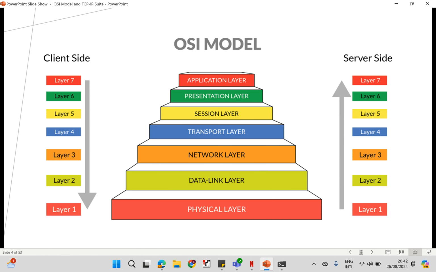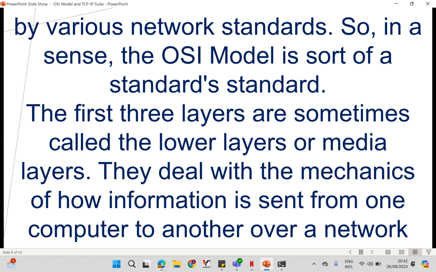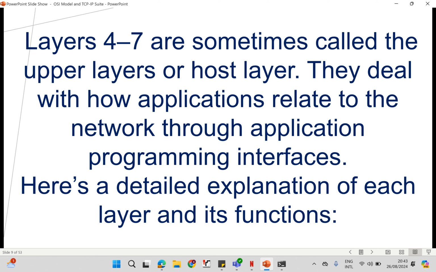So when we look at the picture, we are saying that the physical layer, data link layer, and the network layer are the lower layers or media layers of the OSI model. They deal with the mechanics of how information is sent from one computer to another over a network.